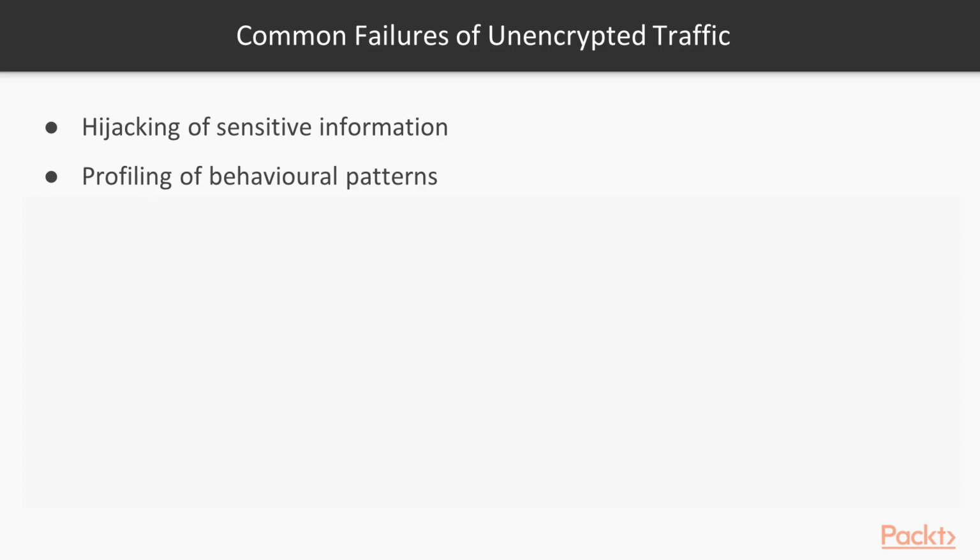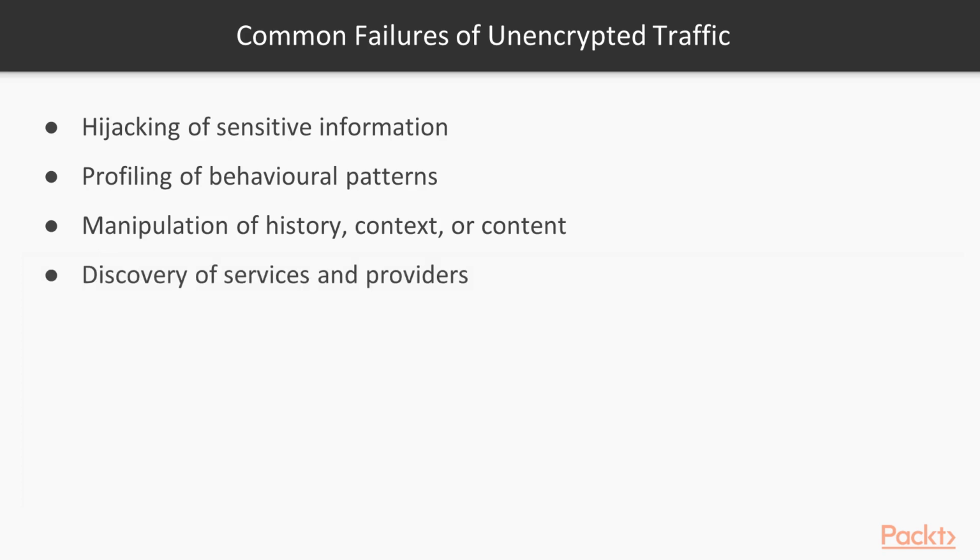And if your traffic is unencrypted, then the data streams could be logged and/or changed along the way, which would enable the manipulation of history, context, or content. These methods can also be used to discover the types of services and providers that you or your network services are using so that they can then be targeted for further exploitation.